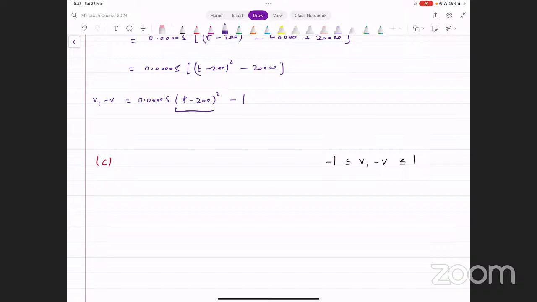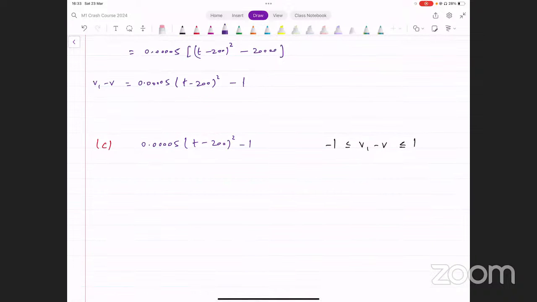Okay, so this part is a square, and a square can never be negative. The least value it can have is 0. So let's think about it. This is the expression, 0.00005 into t minus 200 squared minus 1.